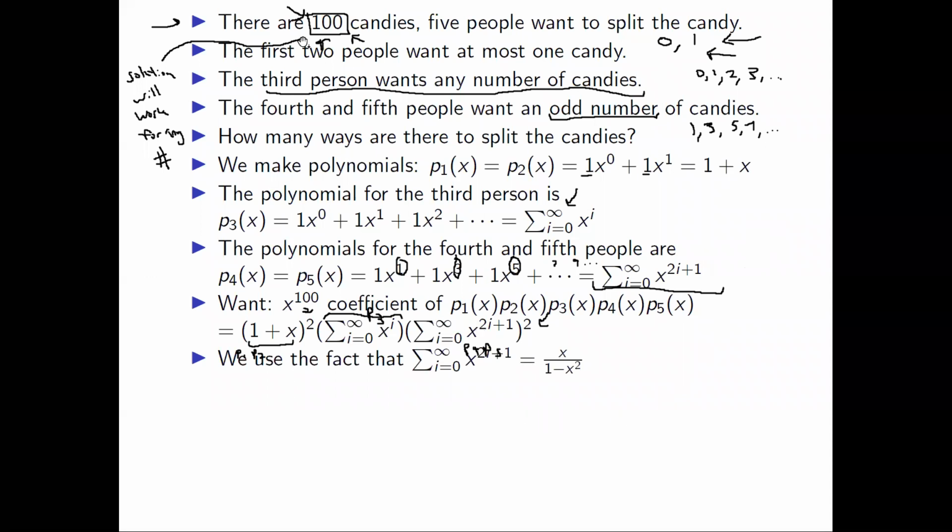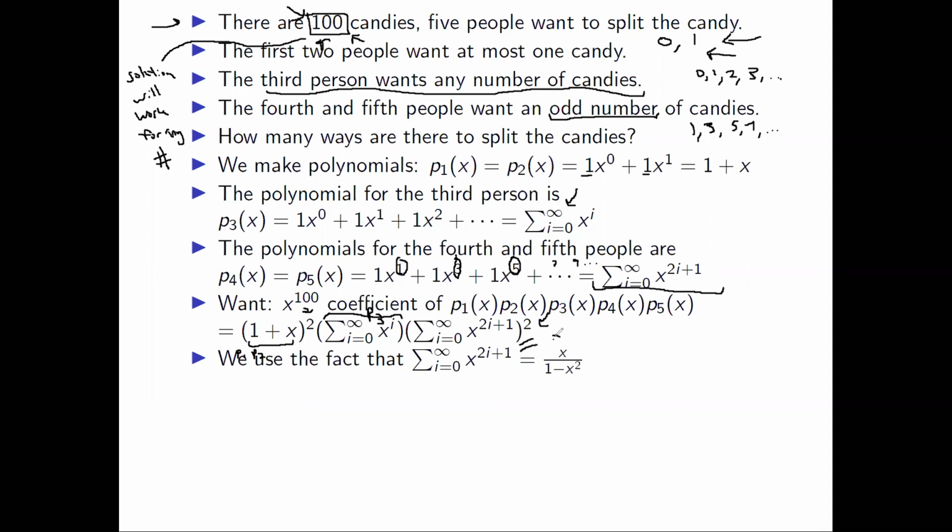And what we're going to use here, we're going to use the fact that this sum, the sum of x to the 2i plus 1 from i equals 0 to infinity, we can evaluate that sum. And let's see how we evaluate it. So we take the sum up here. We're going to factor out an x.